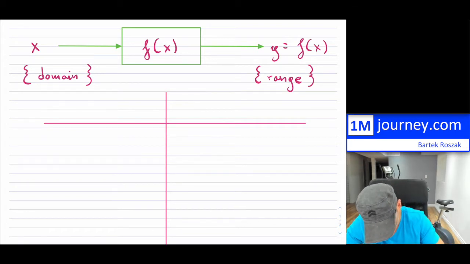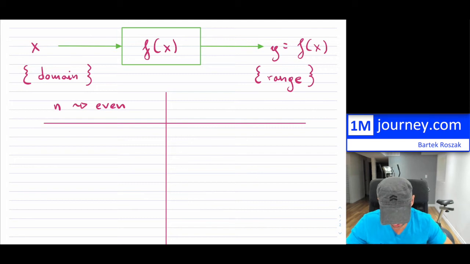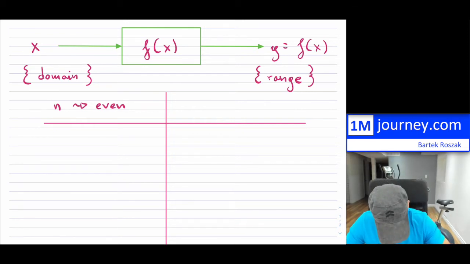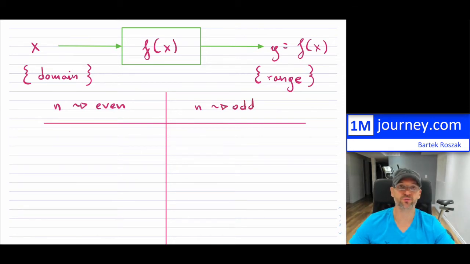You can divide every polynomial into the case when n is even, where n is the order of your polynomial, so 2, 4, 6, 8, and so on. And the other case is when n is odd, so that means it can be 1, 3, 5, and so on.